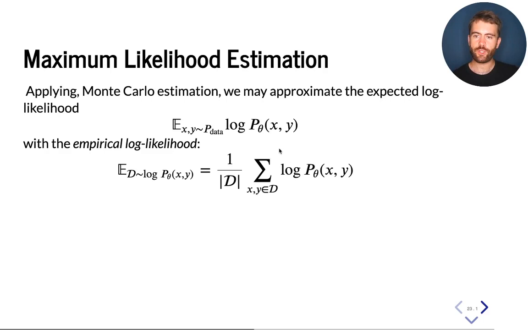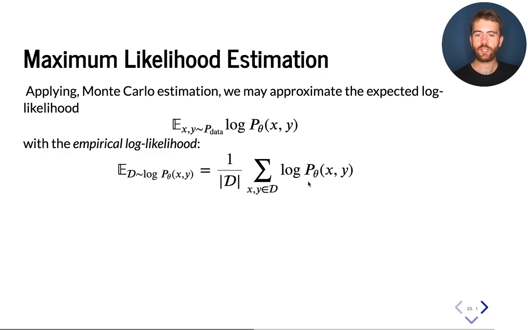And now recall that our training data set happens to be exactly, precisely what we need. That is a set of samples from the data distribution. And so in order to apply maximum likelihood, we can simply compute the following objective, which is called the empirical log likelihood.